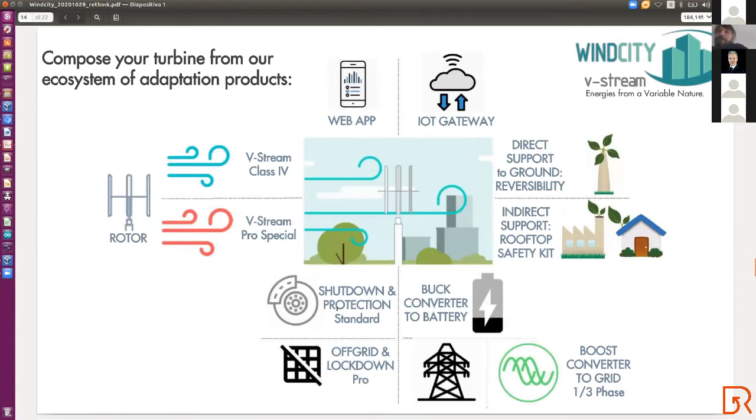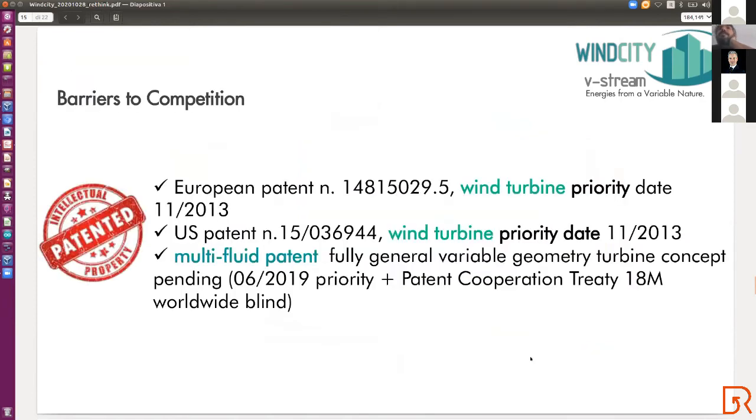And also we can adapt for the security, so the safety. We have a shutdown and protection, which is standard, or we can also have the brake that functions in off-grid and in lockdown, as we are experiencing now. And also we can deliver energy to the battery or to the grid with two different converters.